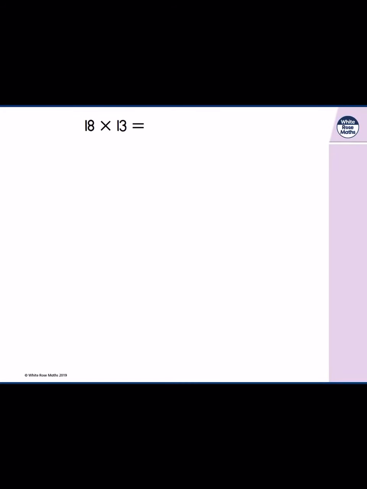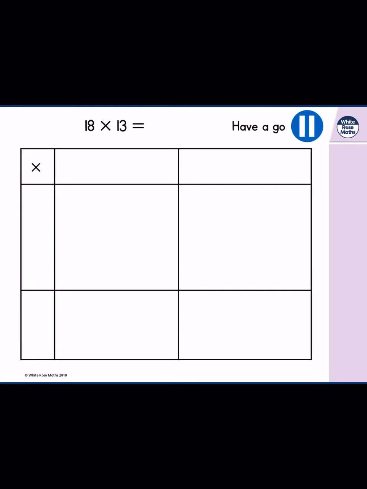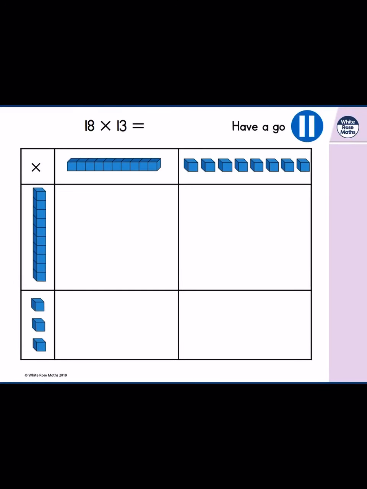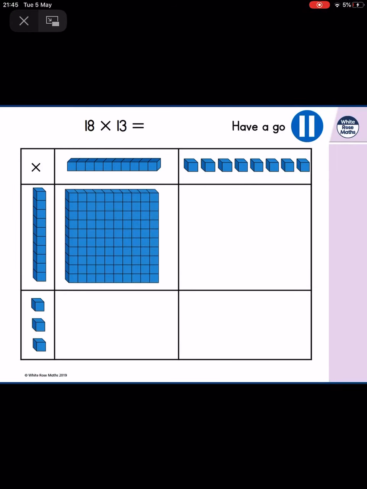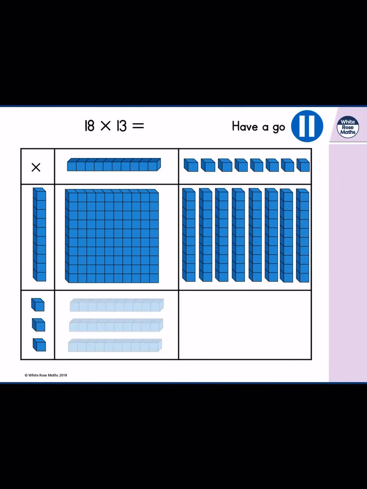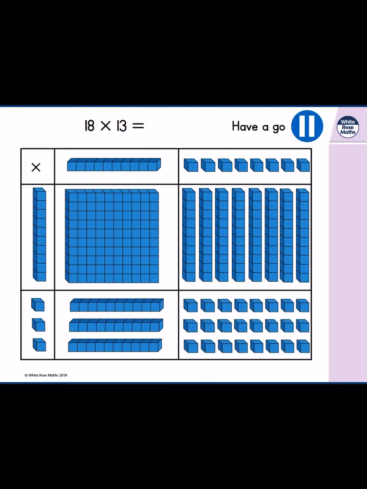Okay, one to have to think about now. 18 times 13. Pause the video, have a go for yourself. Let's have a look then. We've got our model represented now. Let's look at each section. 10 tens 100, 8 tens 80, 3 tens 30, and then our 3 times 8, which is 24.